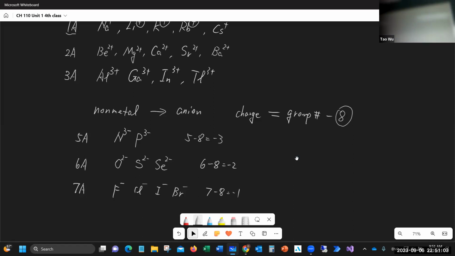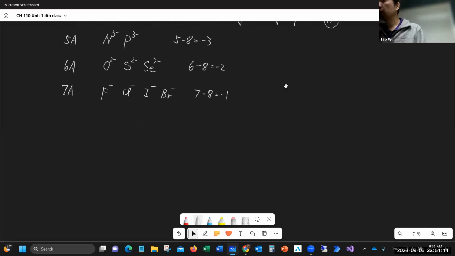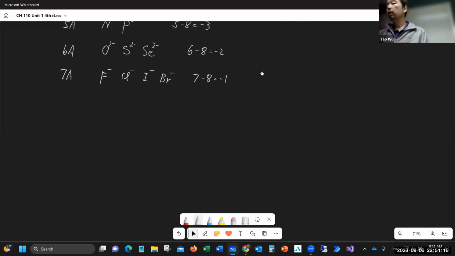It will help you speed up solving questions and easily balance the equations or formulas. All right, so this is what we talk about for monoatomic ions.